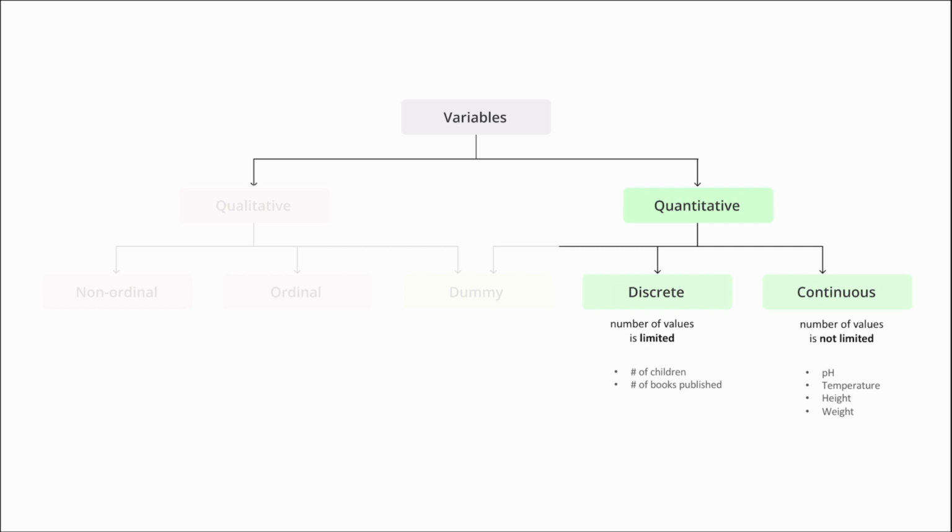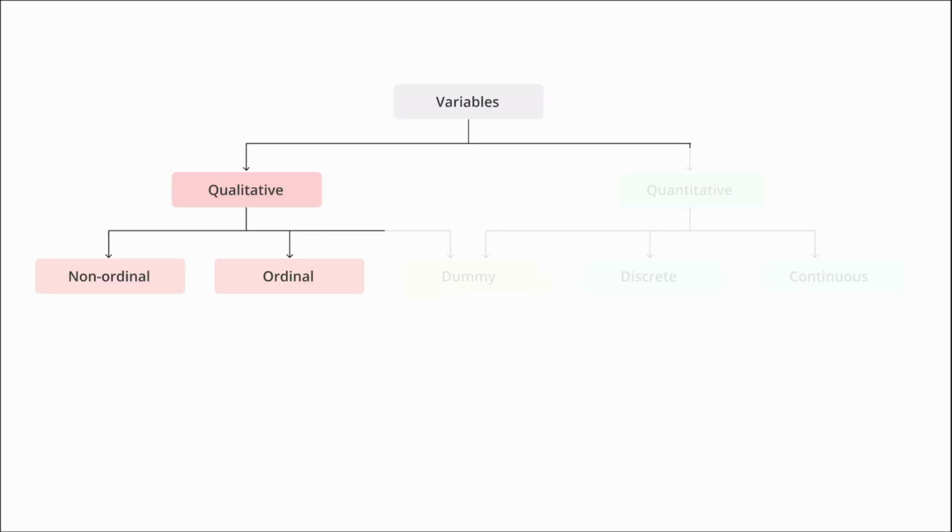But if you count, for example, the number of children in a family, or the number of books which scientists from a particular university publish, the number of values in this case is limited, right? You cannot have 2.5 children. It's always a whole number. It cannot be negative. It cannot be a very large number. Usually we have 2, 3, maybe 4 children in a family. That's what we call a discrete variable.